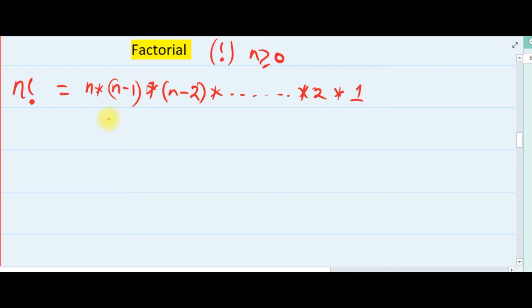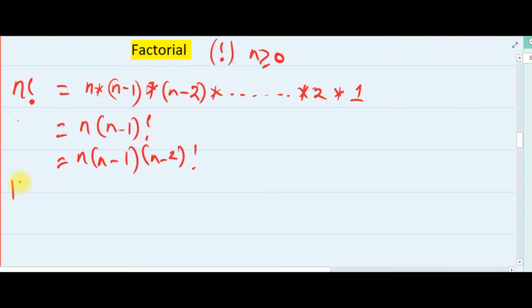From this we can get a very important result, because you can write it as n times n minus 1 factorial, because n minus 1 factorial will multiply n minus 1 times n minus 2 down. Or we can still stop at n minus 2 factorial.